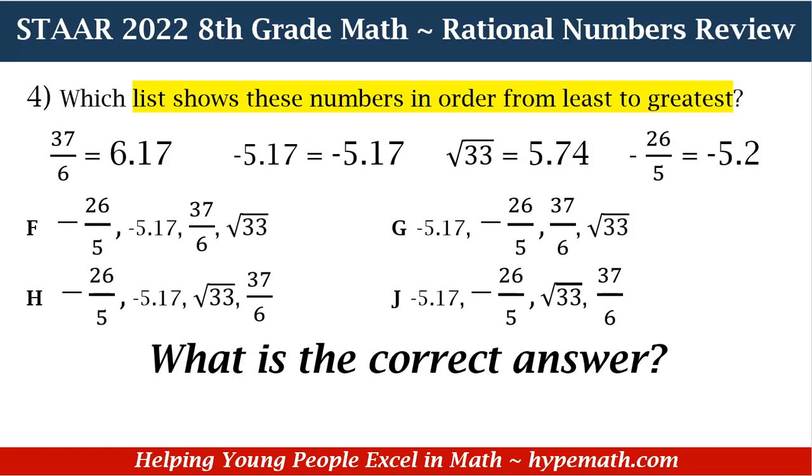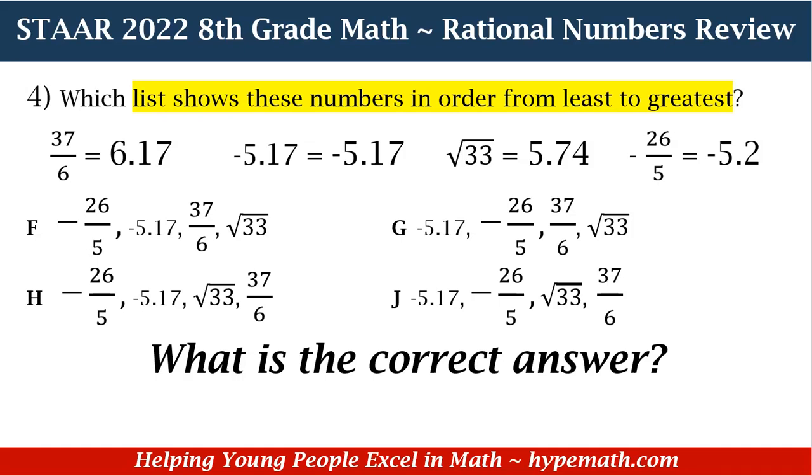So between those two numbers, even though negative 5 and 2/10 seems to be the largest number, that negative sign actually makes it the smallest number. So negative 26 over 5 would be my first number in the list from least to greatest. And then it would be negative 5 and 1700ths.